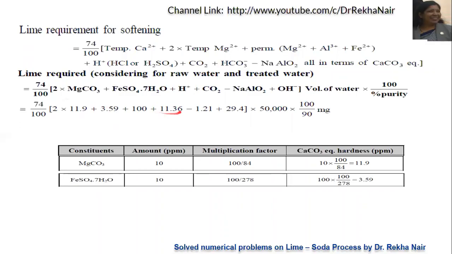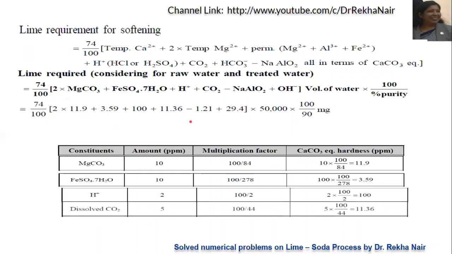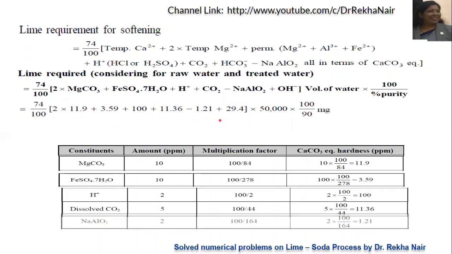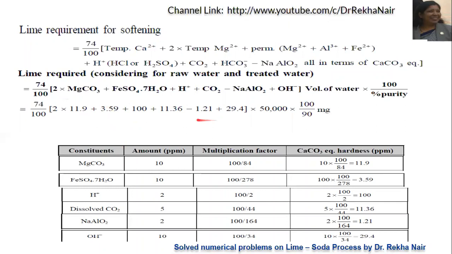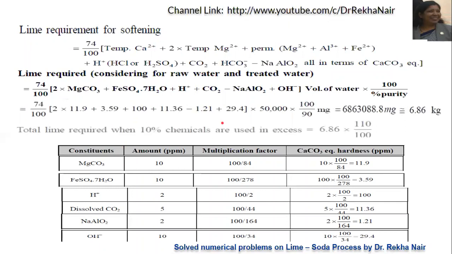H plus values and carbon dioxide, sodium aluminate, all these constituents we can put, and we can calculate the amount of lime. That is, it is coming out to be 50,000 is volume of water, 100 upon 90, this is percentage, 90% is the purity, it will come out to be 6.86 kg.